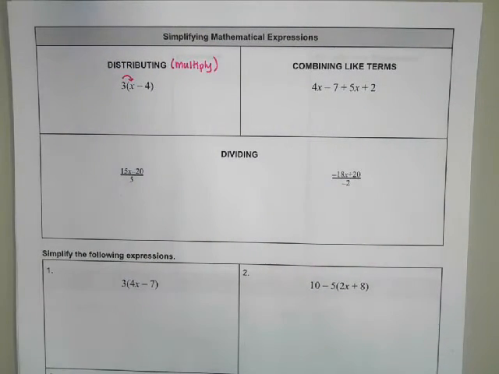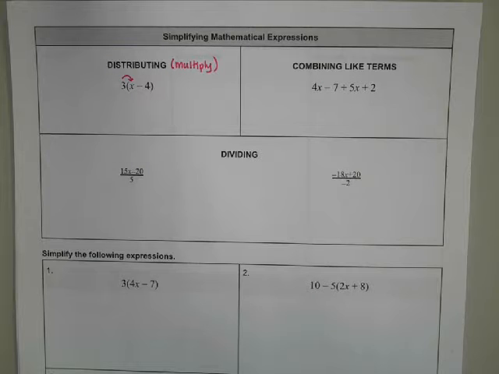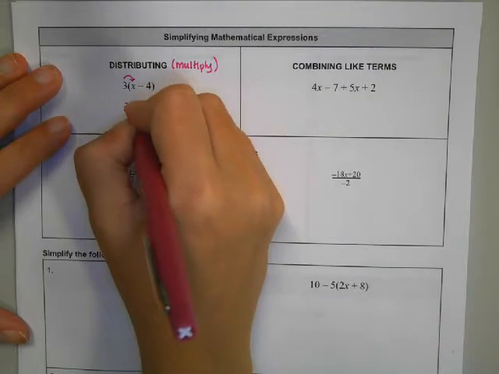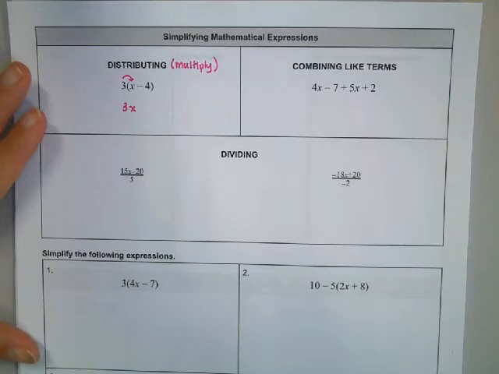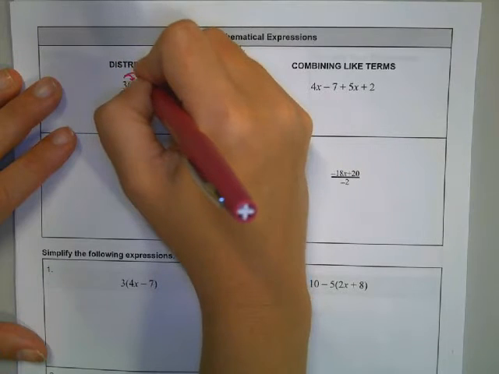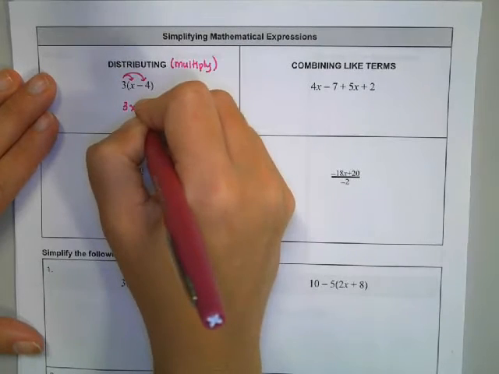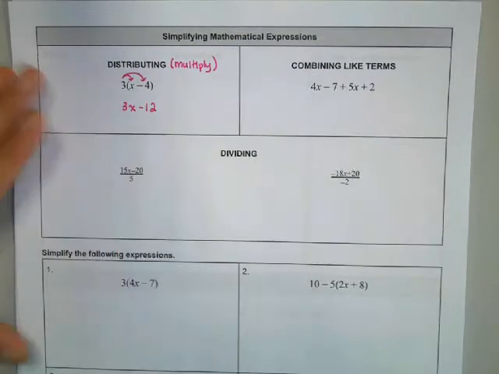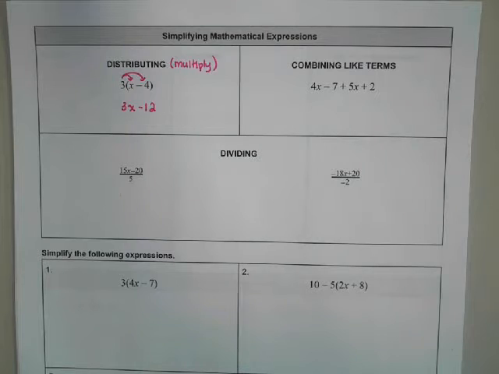Think about this as passing out that number, like when your teacher distributes a pile of papers. 3 times x would be 3x. Separately, I would also distribute to the negative 4, and 3 times negative 4 would be negative 12. So that's a quick review of distributing, which means multiply.